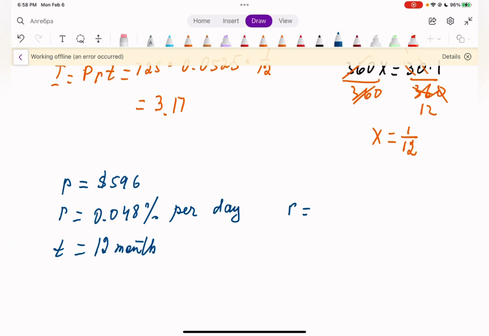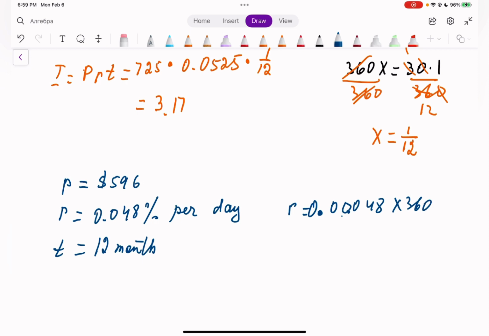Let me show you. To convert to decimal, I have to divide by 100. Dividing by 100 means shifting by 2 positions to the left. And I'm getting 0.00048 times 360.